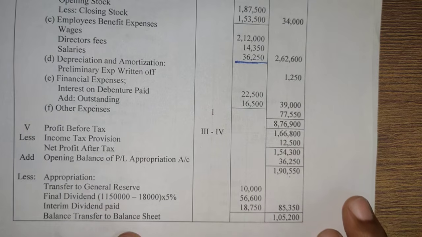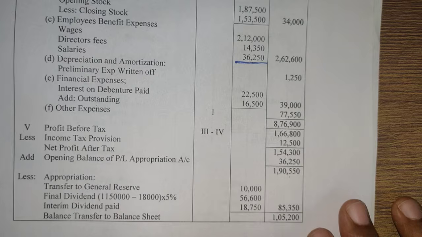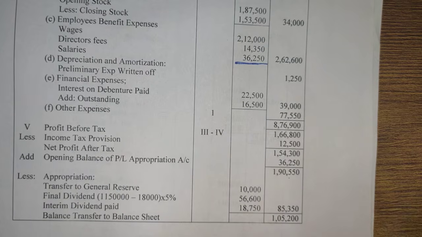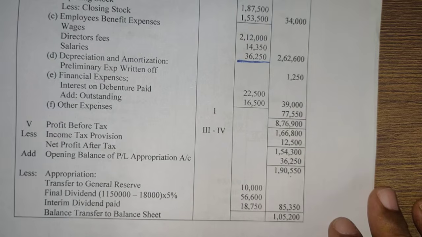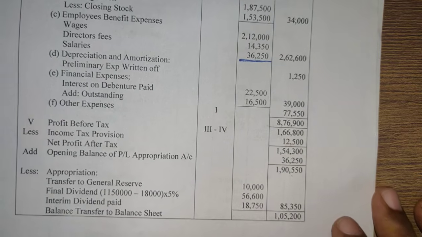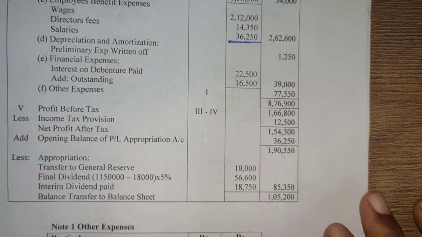Normally an outstanding amount is there, and it is our duty to check it while we calculate the example. So in financial expenses, interest is included, and we have debentures.